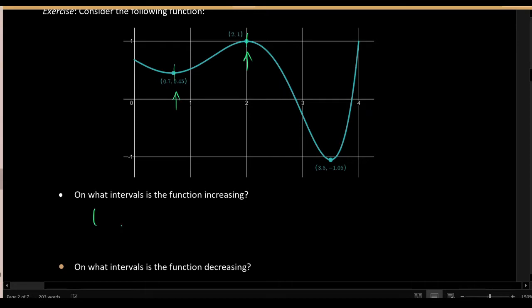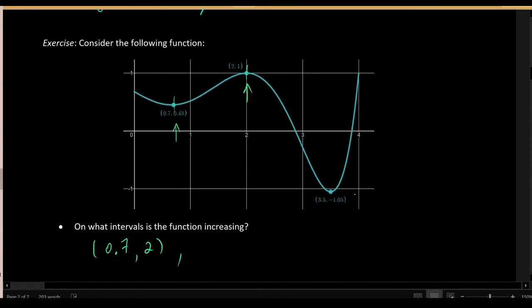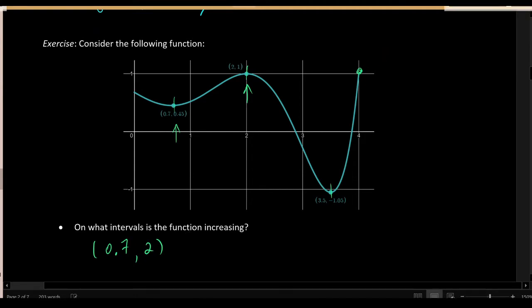And since it said interval, I'm going to write this in interval notation, between 0.7 and 2. We also see that this graph is slanted upward at every point from 3.5 to the final time at t equals 4. So the function is also increasing from 3.5 to 4.